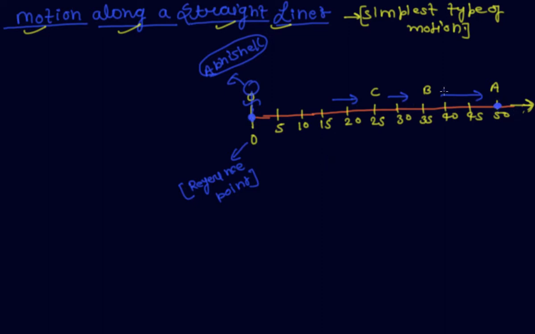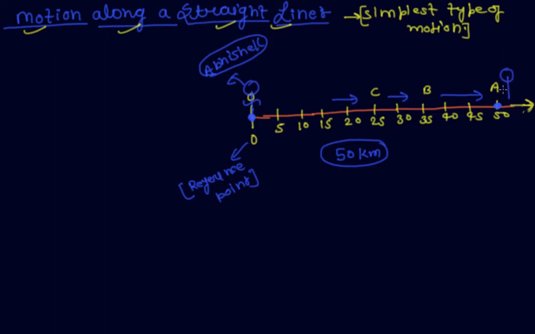If I calculate this distance, then 5, 10, 15, total 50 kilometer. So this is the total distance traveled by Abhishek from point O to A.